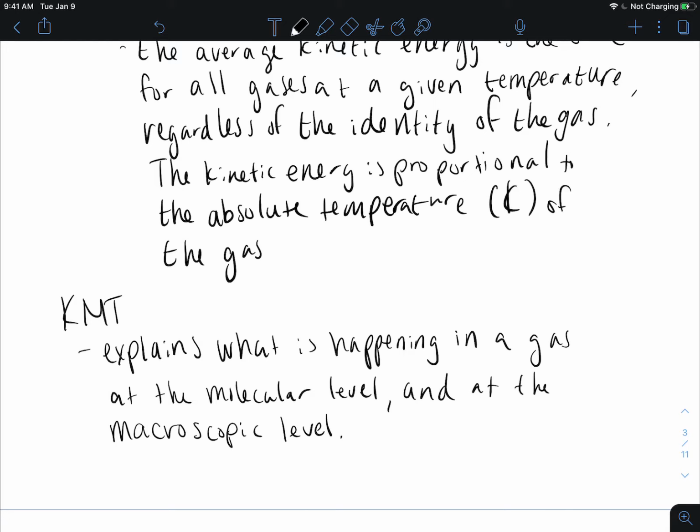Okay. So basically what happens as our pressure and our temperature are changing.